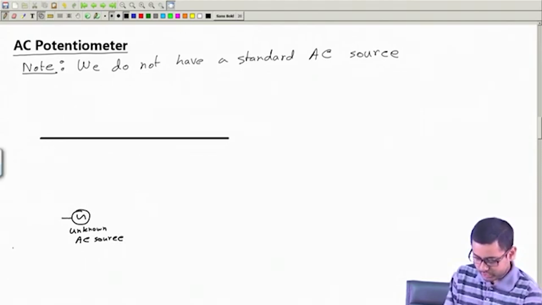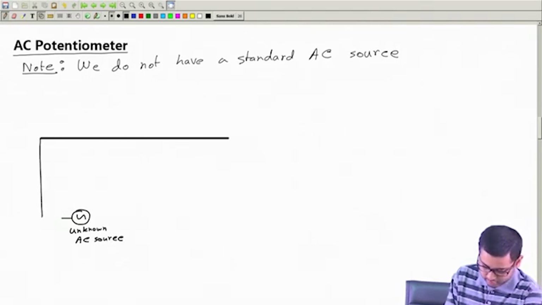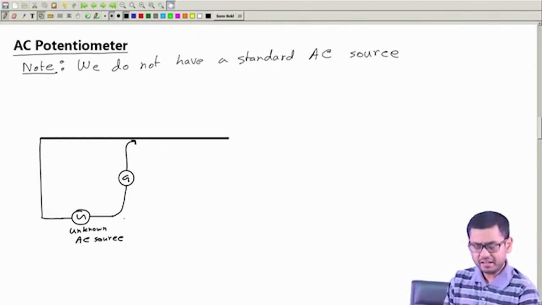The way to connect it is of course like this: connect one side to one terminal of this potentiometer wire, another side to a galvanometer, and we will use a jockey which can move along this wire so that we will find the null.